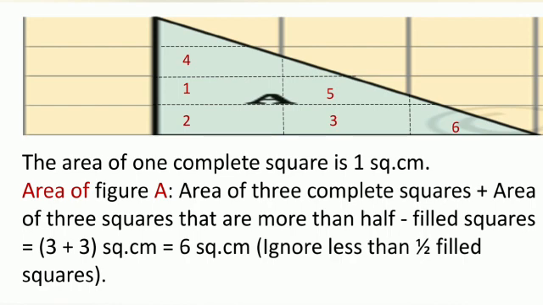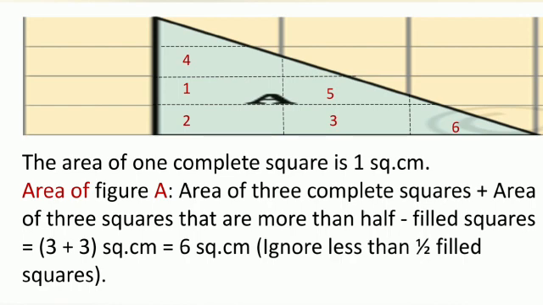Then you can see 3 squares which are more than half filled. That is square number 4, 5 and 6. We count 1 square each if it is more than half filled. So the area of the square 4, 5 and 6 will also be 3 square centimeter.